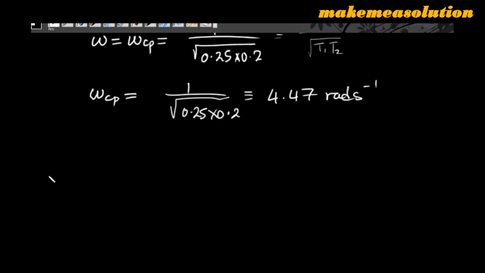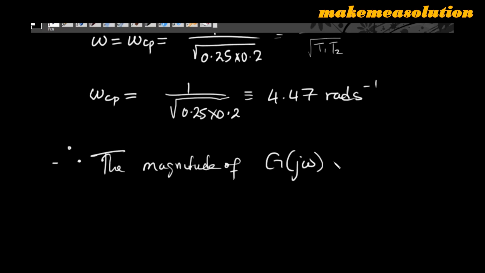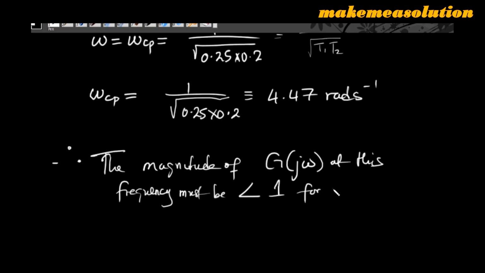So remember, at this point, the gain or the magnitude of our G of j omega at this frequency must be less than 1, okay, for our system to be stable.